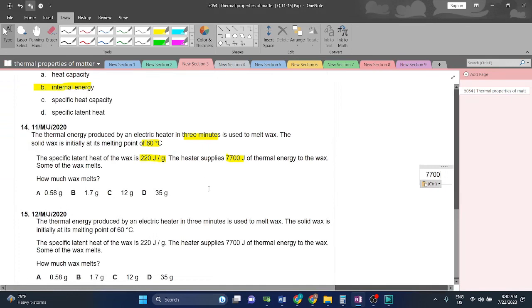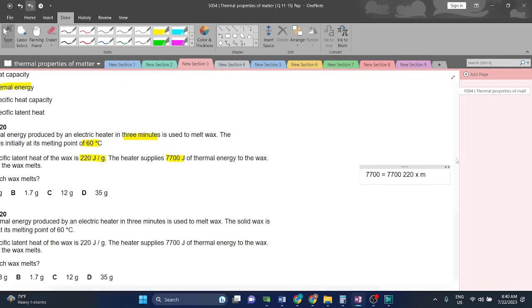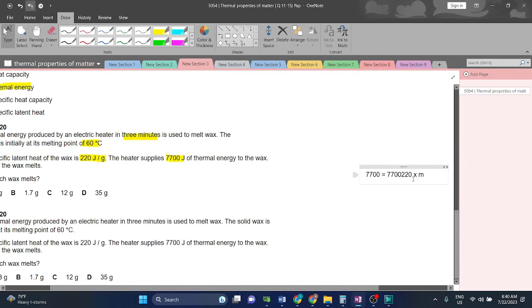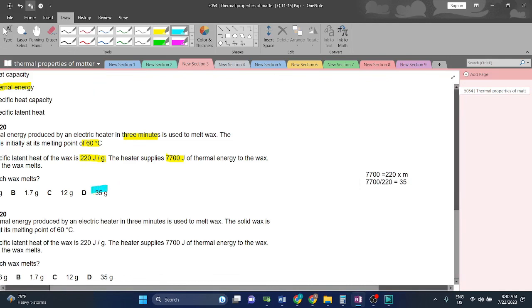And they have given us the specific latent heat of wax, 220 joules per gram. वो भी हमें दिया हुआ है इन्होंने. तो 220 multiplied by mass. This will be 7,700 divided by 220, which will give us 35 grams of mass melted. So D is the right answer.